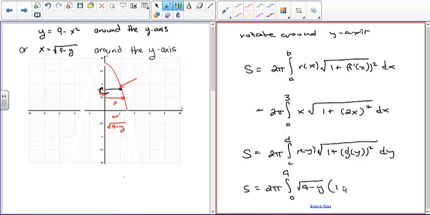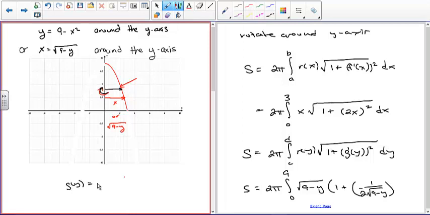And then you have 1 plus the derivative of this thing, which we found out was equal to negative 1 over 2 square root of 9 minus y. So g of y equals the square root of 9 minus y.